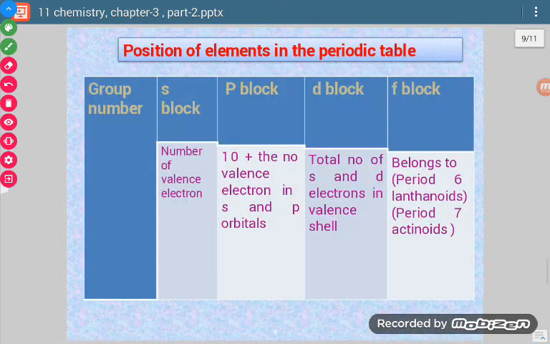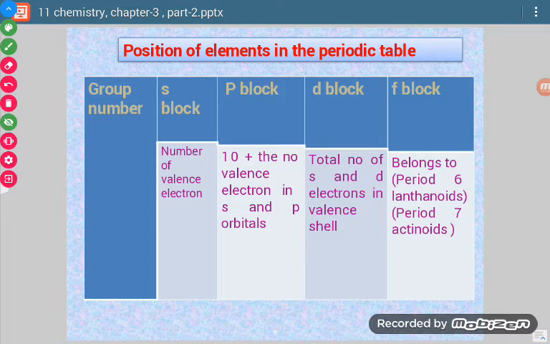Okay, now one important thing comes: how to find the position of an element in the periodic table. We are given a particular atomic number, and we are asked to tell to which block, which group, which period this element belongs. At that time, first of all we have to write the electronic configuration, using the Aufbau principle.